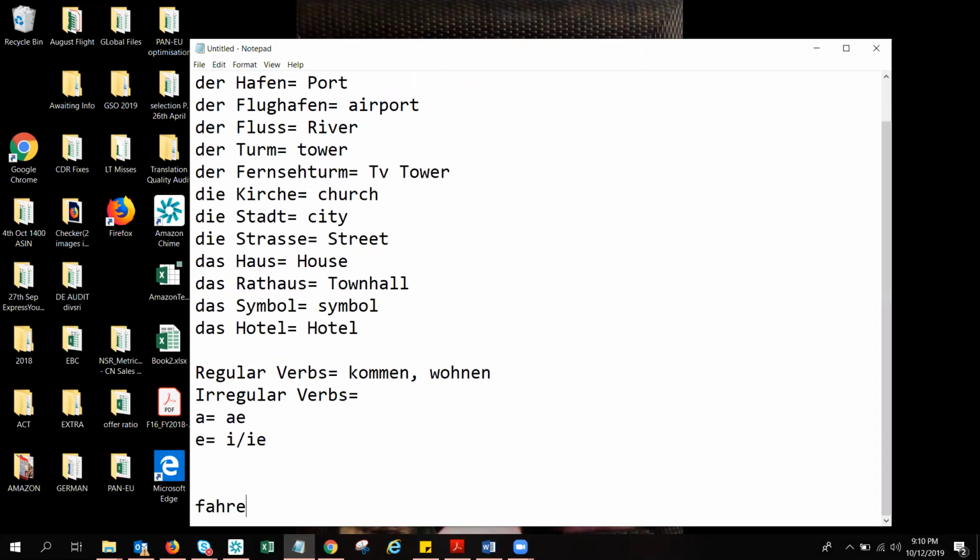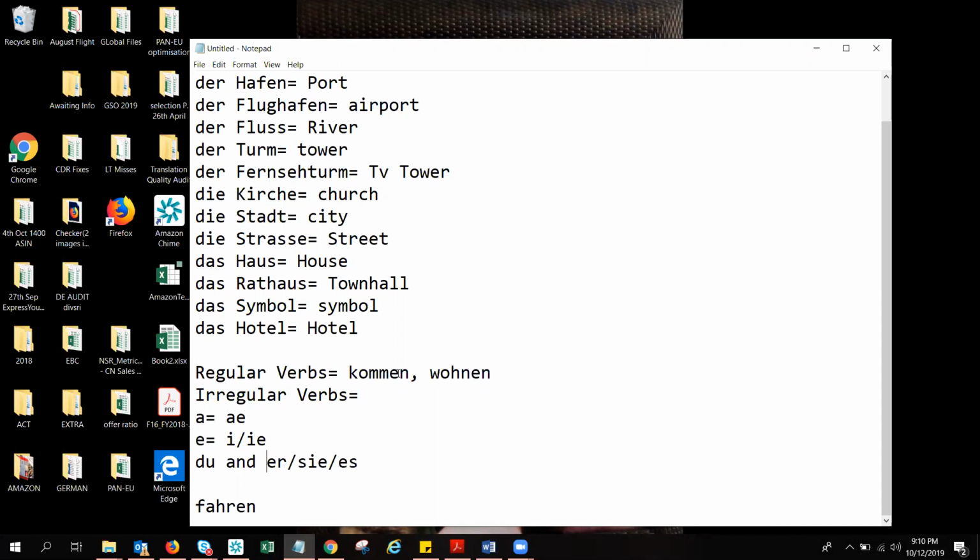So first is fahren. I'll write down the conjugation also. In these types of verbs, the conjugation changes only with du and er/sie/es, not with every pronoun.